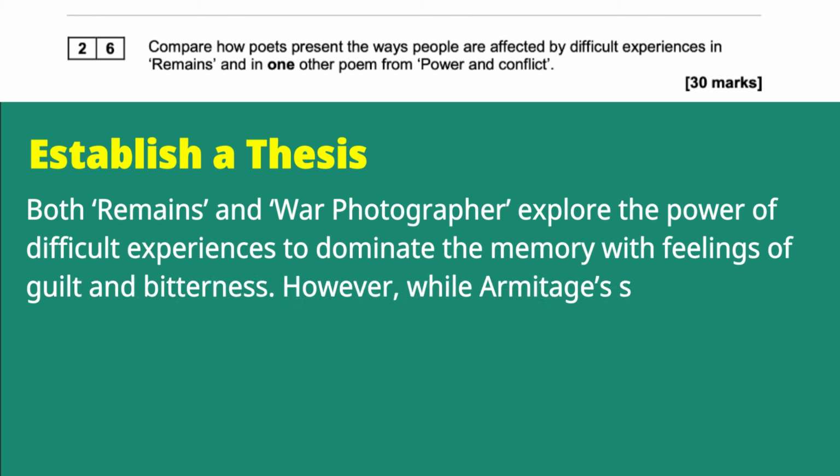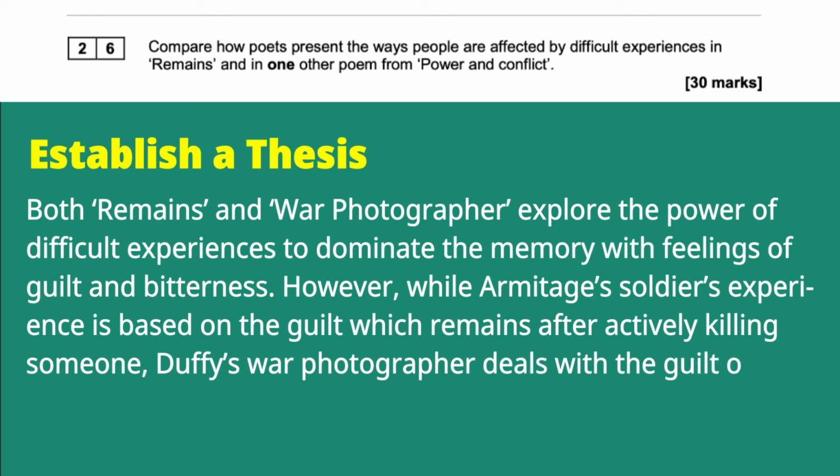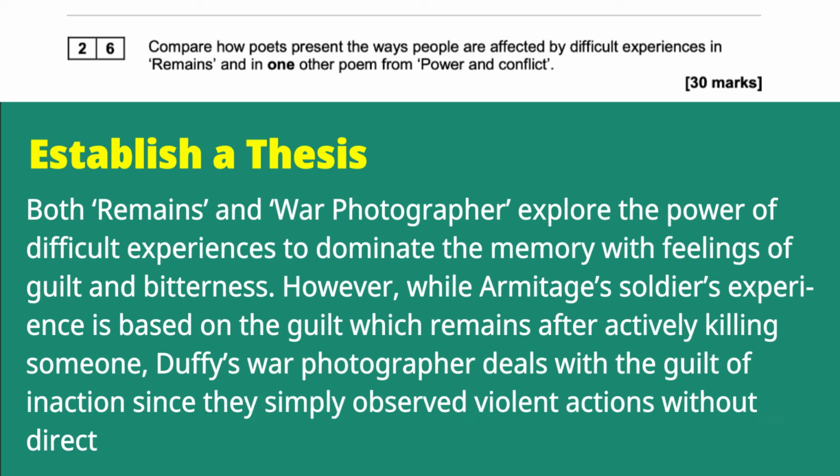However, while Armitage's soldier's experience is based on the guilt which remains after actively killing someone, Duffy's War Photographer deals with the guilt of inaction, since they simply observed violent actions without direct involvement. You can see in this example how the response will draw on evidence linking to guilt, as it's a difficult experience in both poems. The answer can then focus on comparing references, methods, and specific context relating to the question.